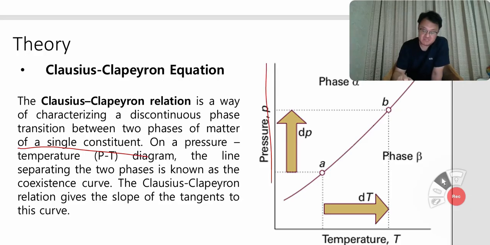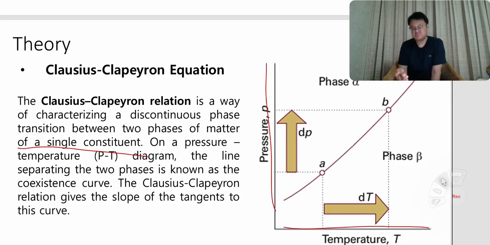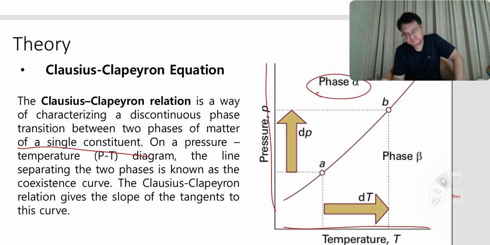So, a pressure-temperature diagram. This is basically the phase diagram, but we only see a part of the phase diagram where you have two different phases and a boundary between them. For example, you have phase alpha, let's say liquid, and beta, let's say gas.